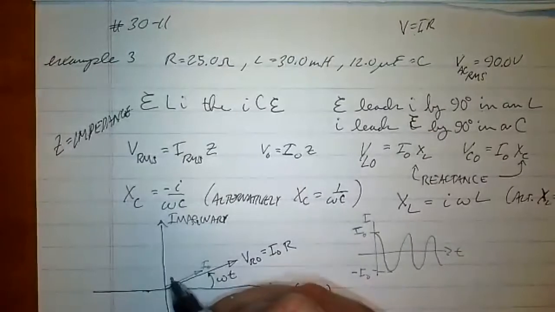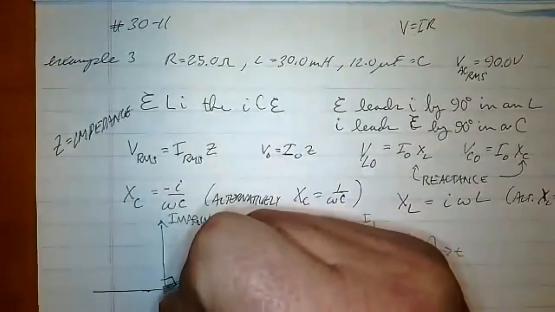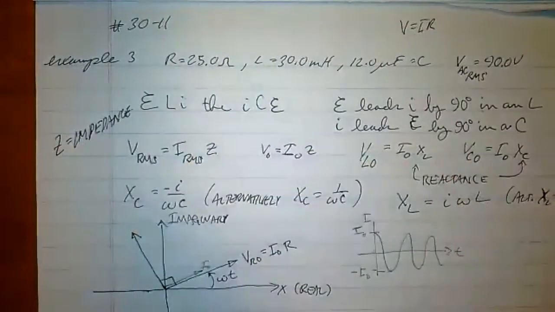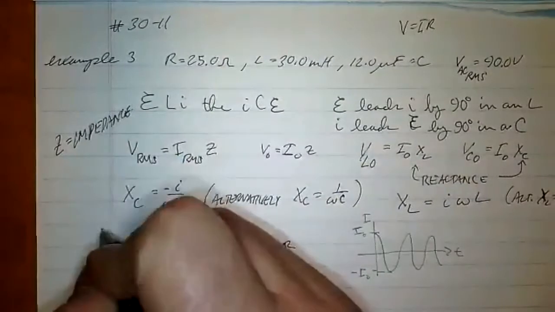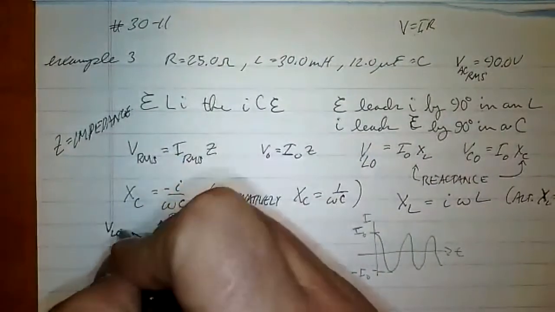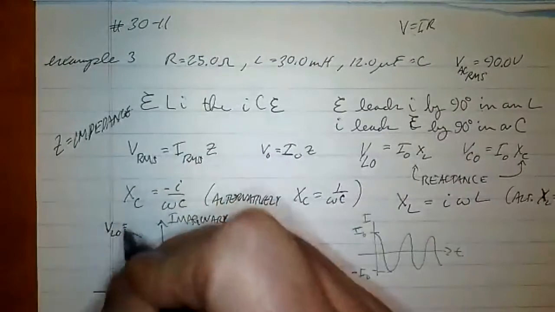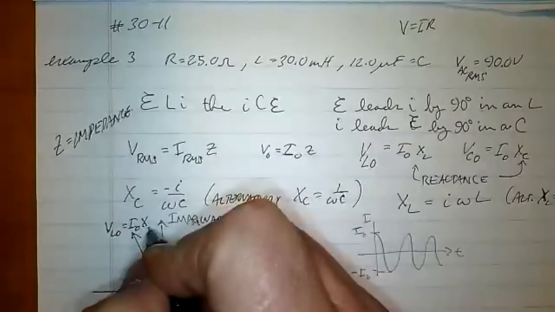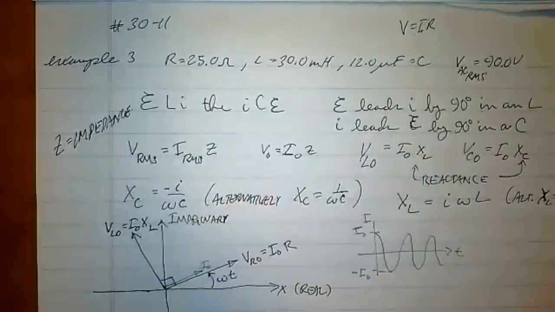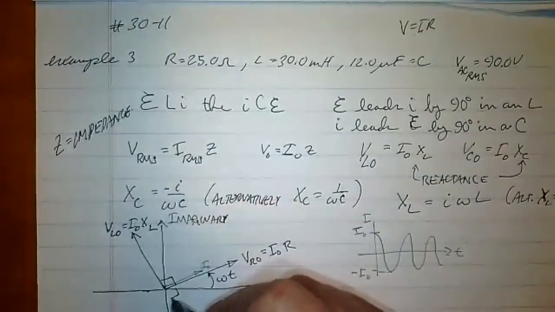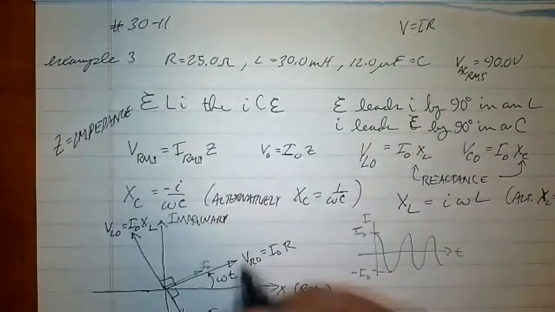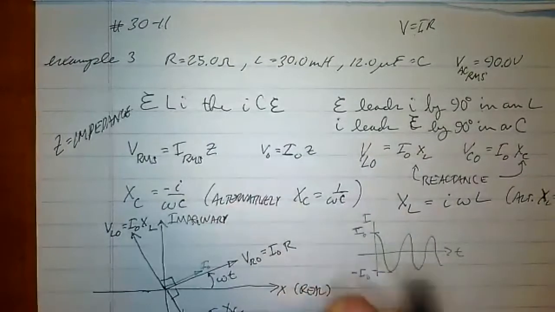Now I'm going to put 90 degrees in front of that another quantity, and that's going to be VL0, which of course is I0 times XL. And then 90 degrees behind that, I'm going to put another quantity, VC0, and that's equal to I0 times XC.